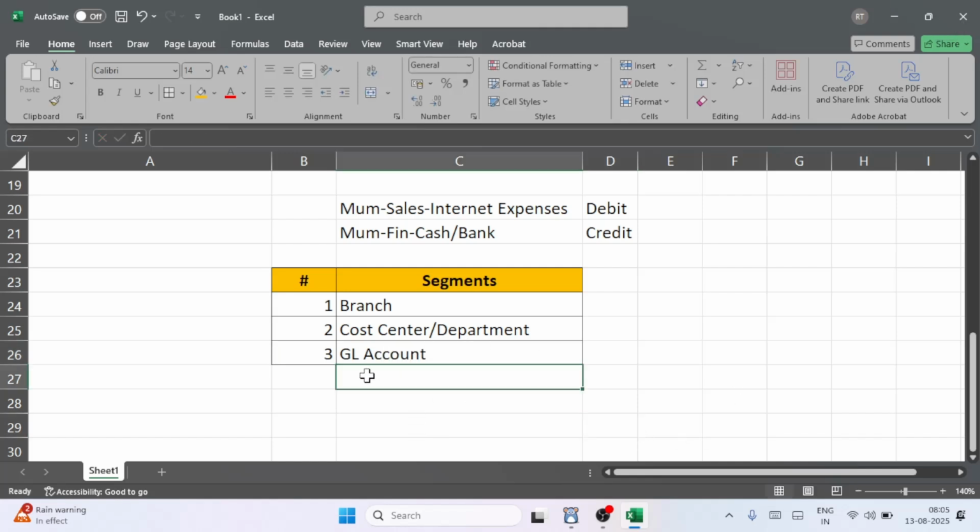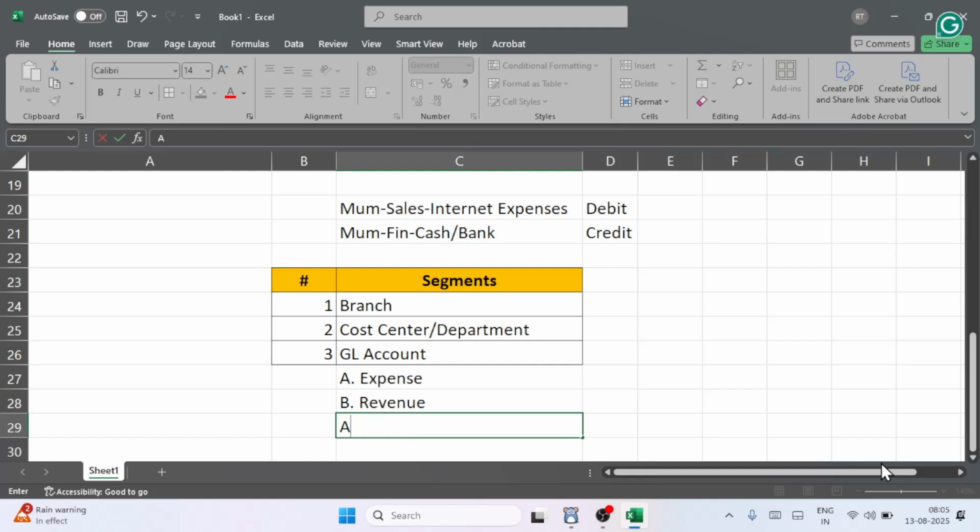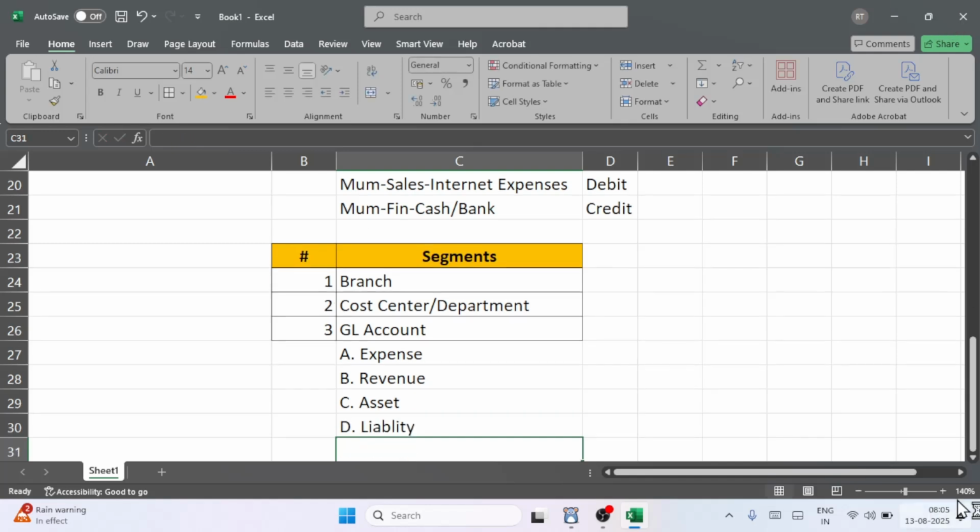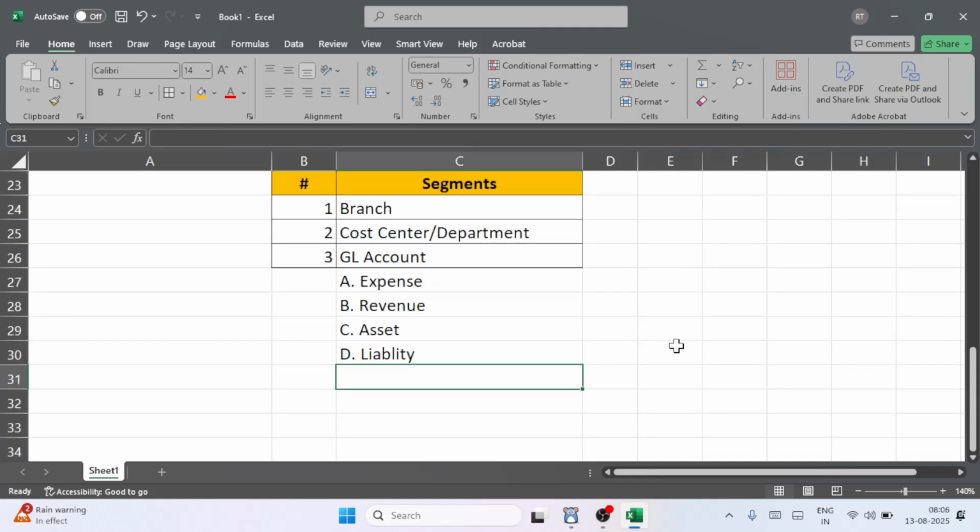The GL account can be expense, revenue, asset, liability, or equity.